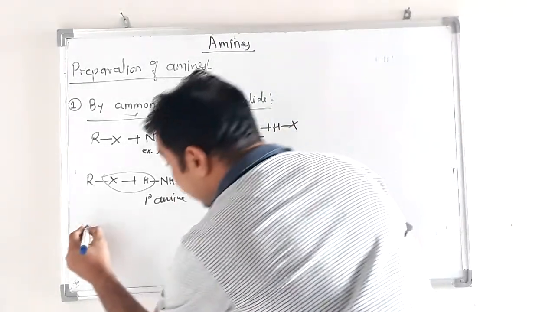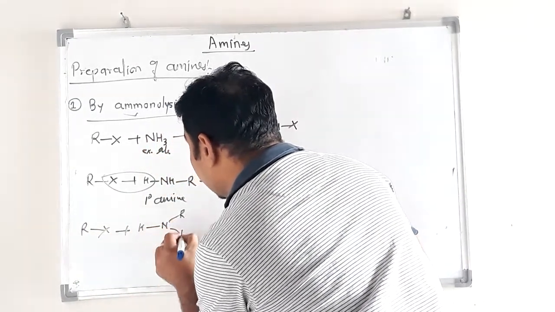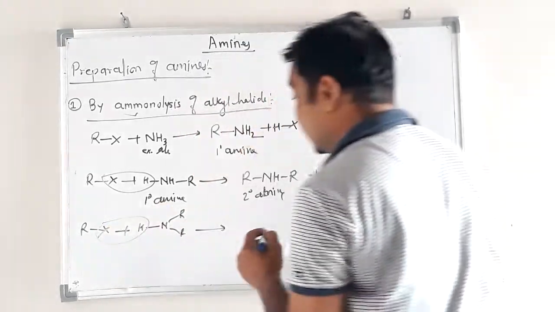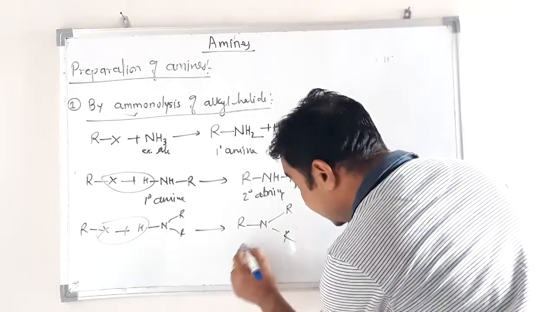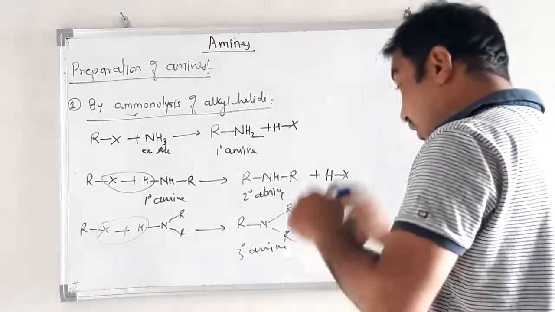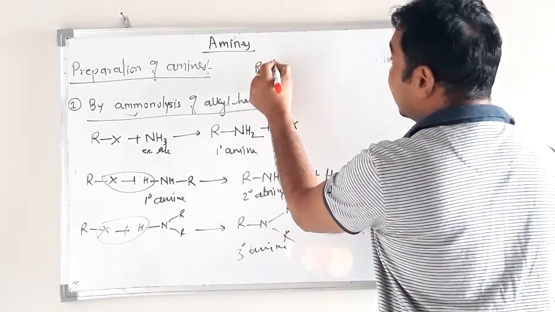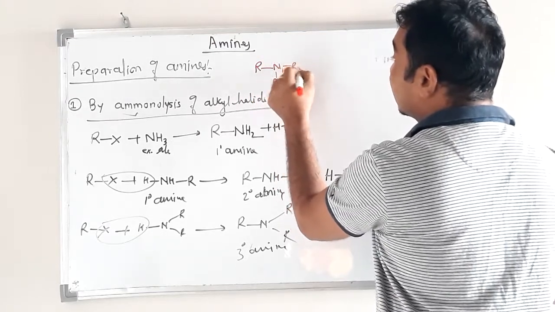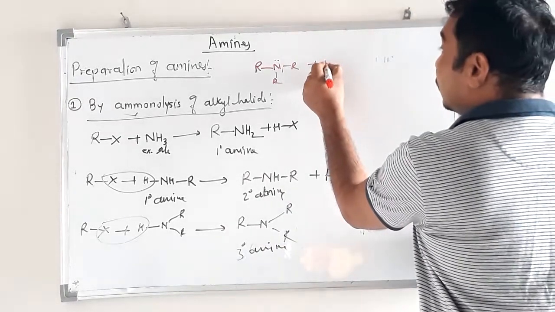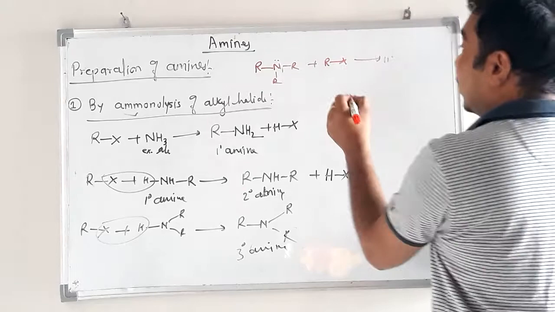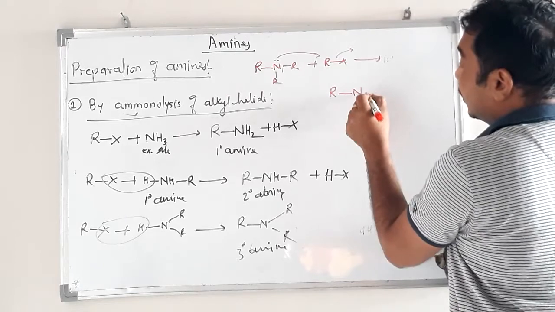Again this secondary amine reacts with a third molecule of alkyl halide, then gives tertiary amine in this way. And finally again this tertiary amine reacts with a fourth molecule of alkyl halide, acts as a nucleophile, and forms quaternary ammonium halide.